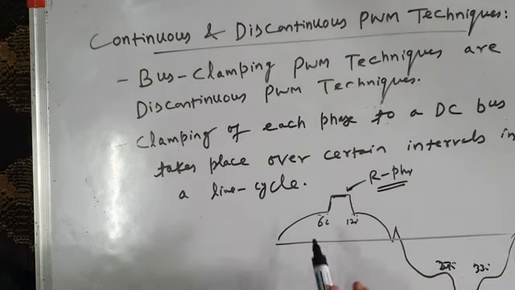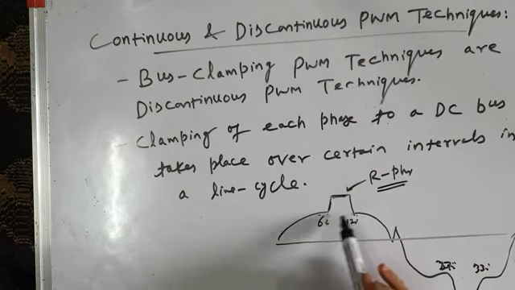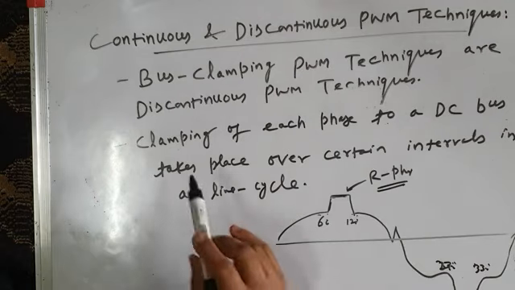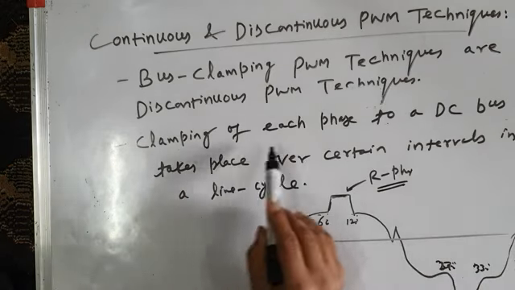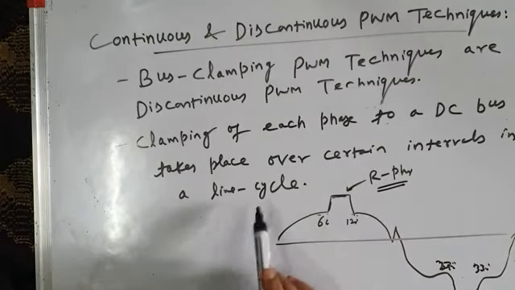So phase R is clamped to the positive DC bus for a 60-degree interval, and the same phase R is clamped to the negative DC bus for an equal interval of time. That's what I have written. Same is the case with phase leg B and phase leg Y.